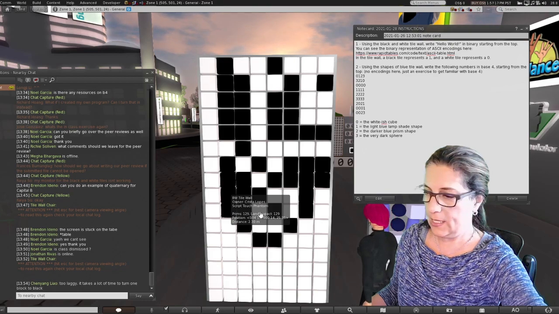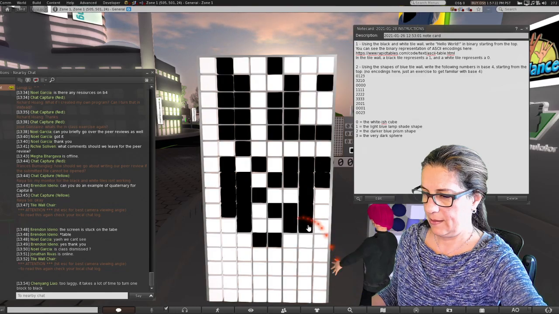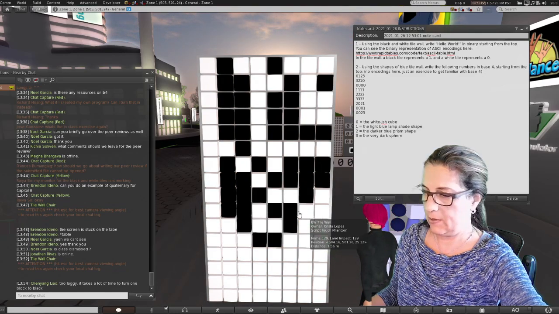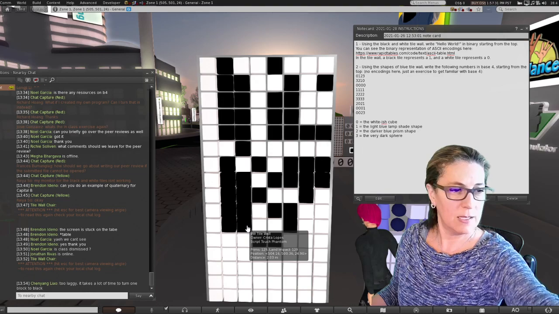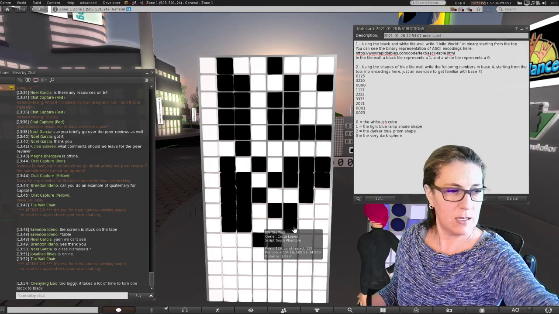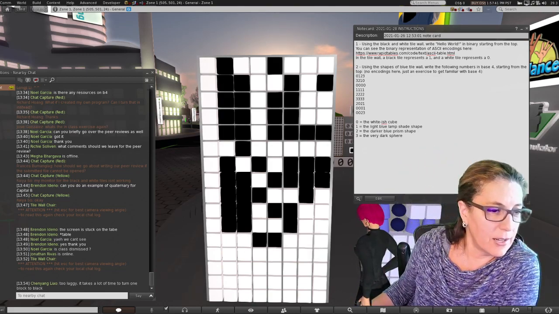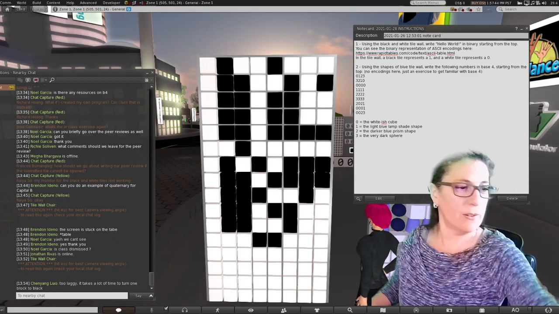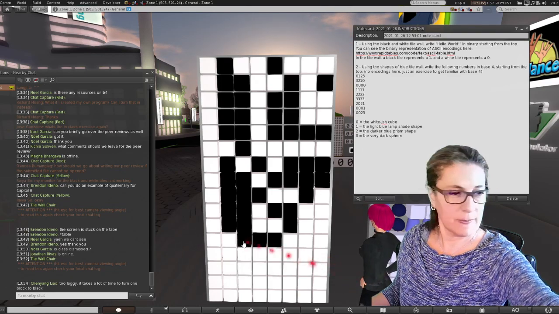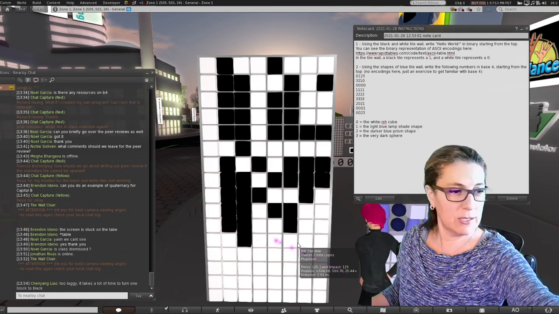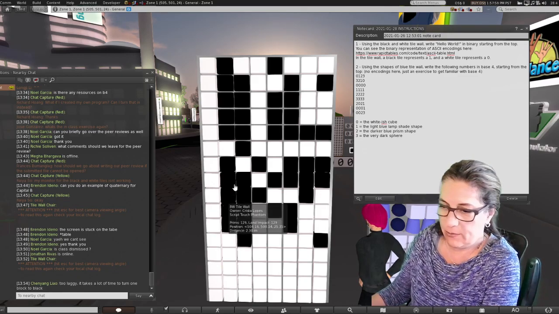Okay, 01101100. And then the D is 01100100. Okay, and then exclamation mark is the number 33, which is 00100001. Okay, so this should be reading Hello World if I got it right.